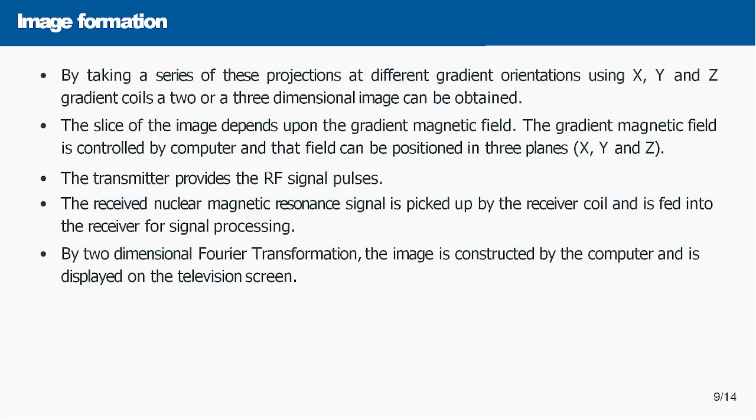The gradient magnetic field is controlled by the computer, and that field can be positioned in three different planes as we have shown, X, Y, Z. The transmitter provides the RF signal pulse, and the nuclear magnetic resonance signal is picked up by the receiver coil and fed for signal processing. By two-dimensional Fourier transform, we are using the Fourier transform as a tool to reconstruct the image in the computer for display.